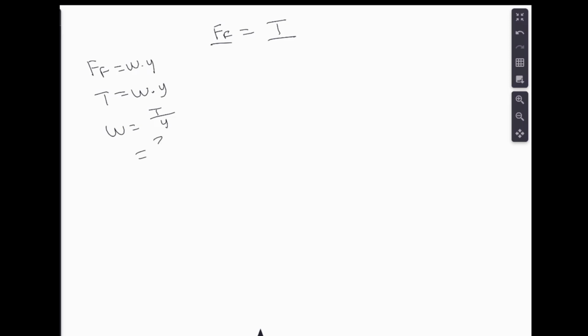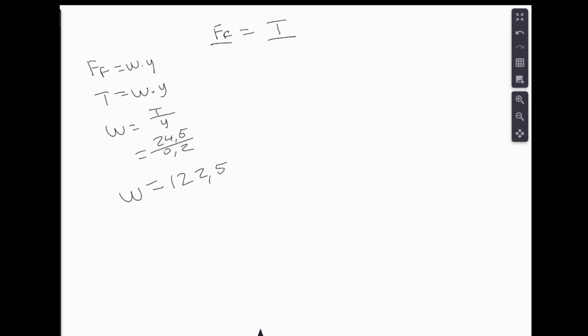So we can say 24.5 divided by 0.2. I'm going to put that in our calculator. So we get a total weight of 122.5. That is the weight. Okay.